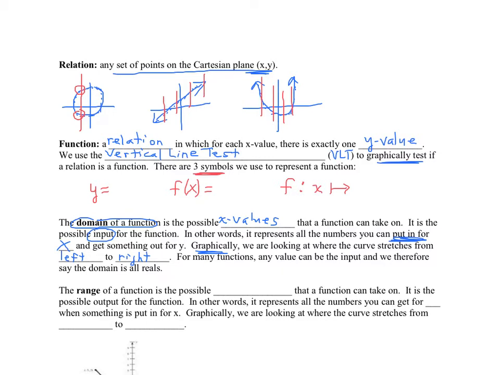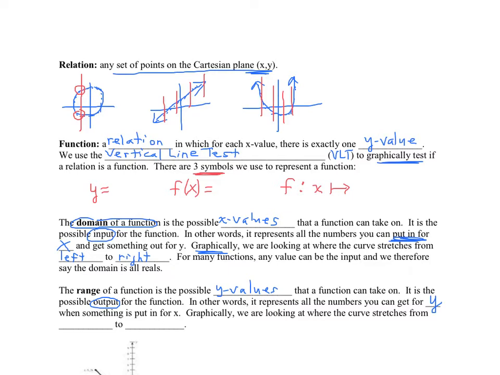The range, on the other hand, this deals with possible y values that a function can take on. It's the possible output. So the domain is the input. That's what we can put into the function. The range is the possible output for the function. In other words, it represents all the numbers you can get for y when something is put in for x.